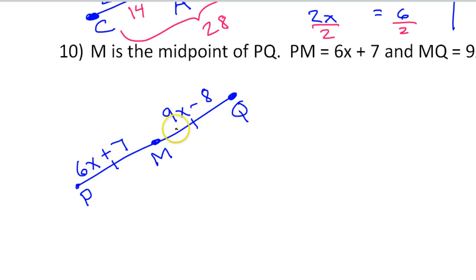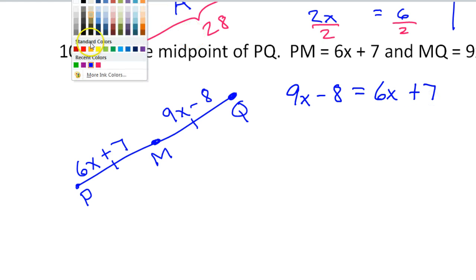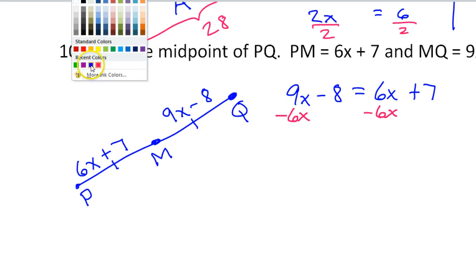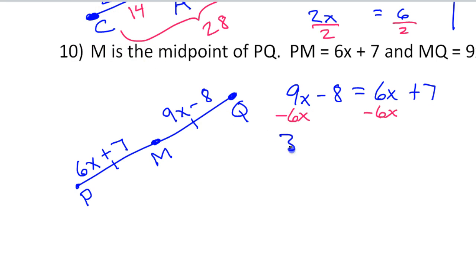Well, these are equal to each other. They're equal halves. So you should start by setting them equal to each other. So 9x minus 8 should equal 6x plus 7. So let's subtract 6x from both sides. And that's going to give us 3x minus 8 is equal to 7.